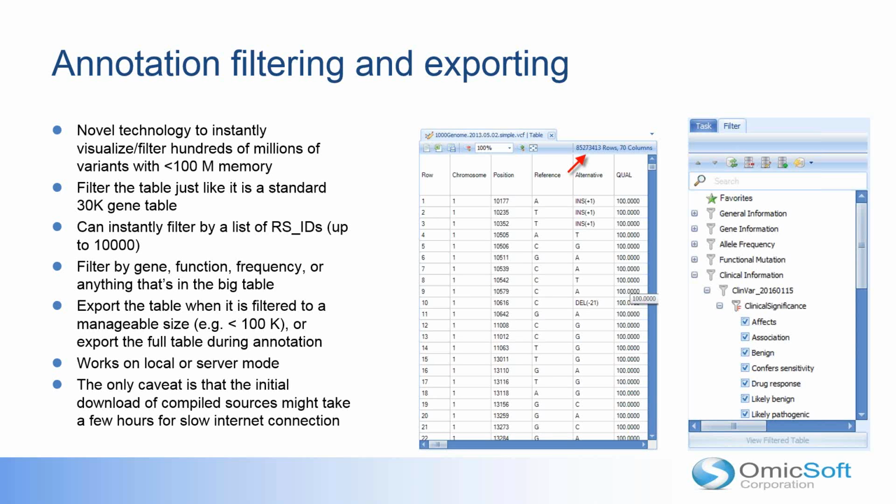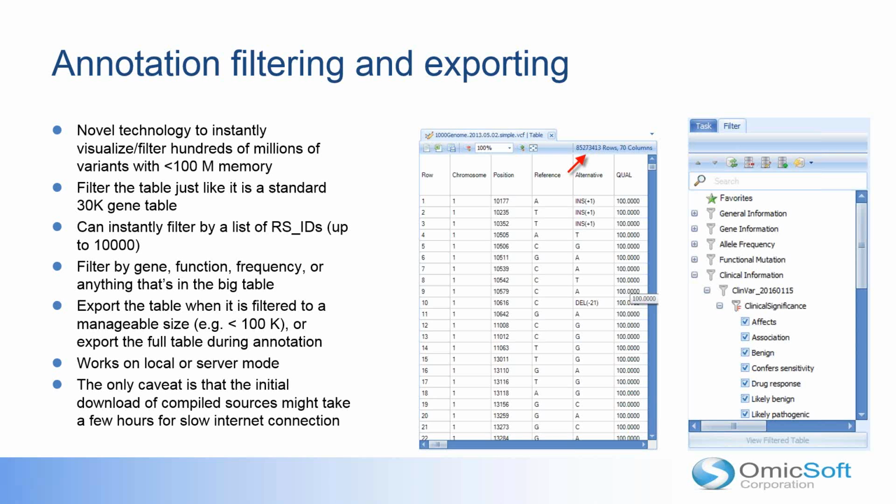This laptop can either be used as a standalone desktop application or connect to a server. In either case, the memory usage is very small. So even though it works on, in this case, 85 million rows, the user just does the same thing as on a gene table. Just filter the table as you want. We can even instantly filter by a list of RSIDs, up to 10,000.